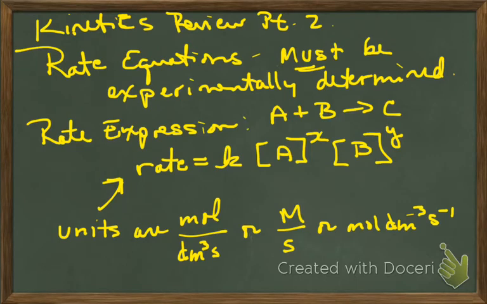Please remember that the units on k will vary depending on the overall order of the equation. Okay, so that rate constant k will vary; the units will vary depending on the order of the reaction.